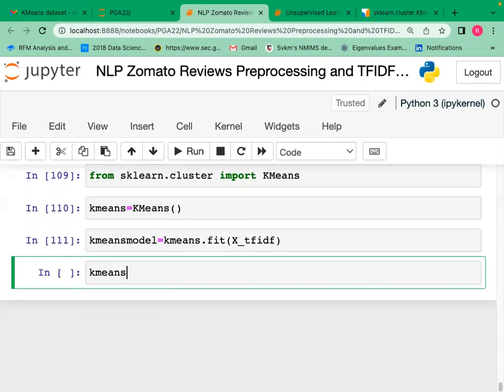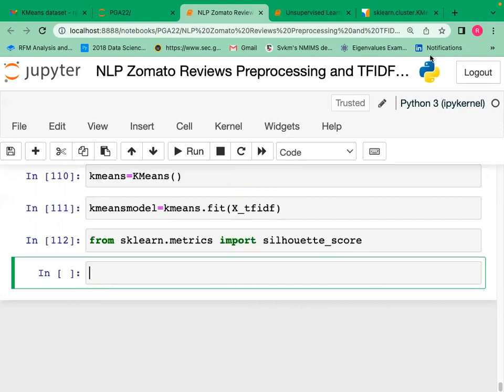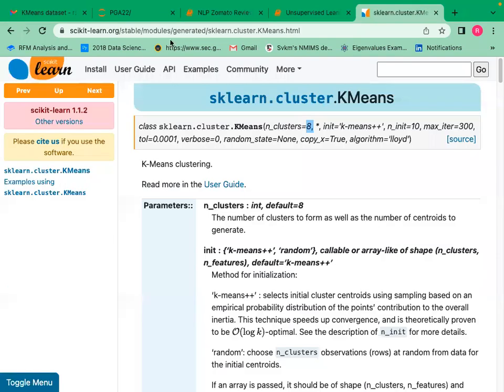Okay. From sklearn.metrics import silhouette_score. Now silhouette score.